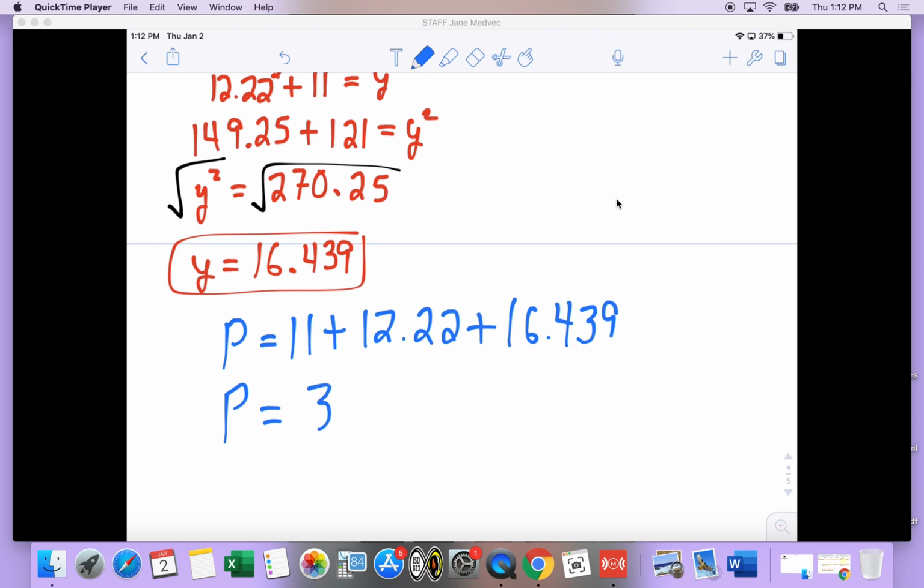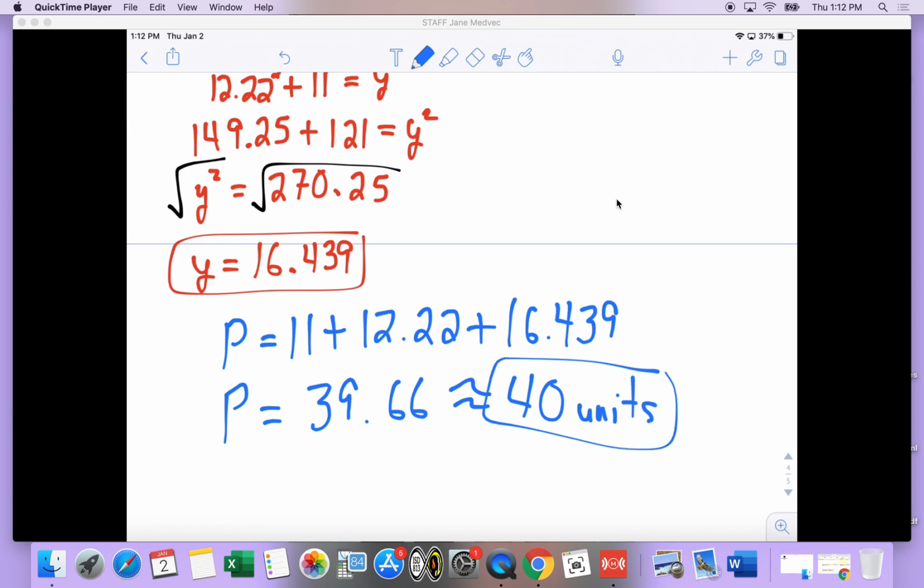And I get 39.66, which is approximately 40. We'll put units. Okay? Now that's how you find the perimeter, okay?